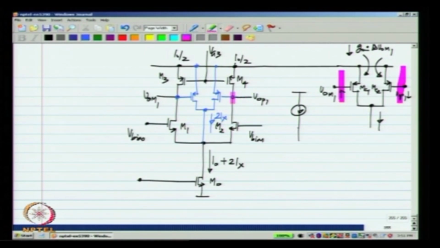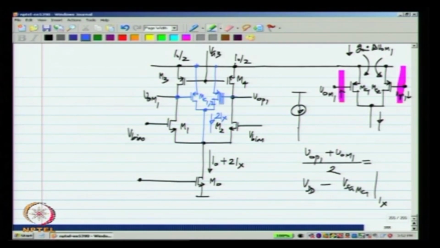So the voltages here and there, essentially the output common mode of the first stage, VOCM1, which is VOP1 plus VOM1 by 2, will be equal to VDD, the upper rail voltage, minus the gate source voltages of these two transistors. Let me call these MC1 and 2. This is VDD minus VSG of MC1 at a current of Ix.